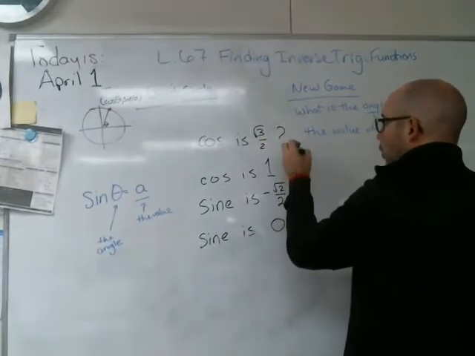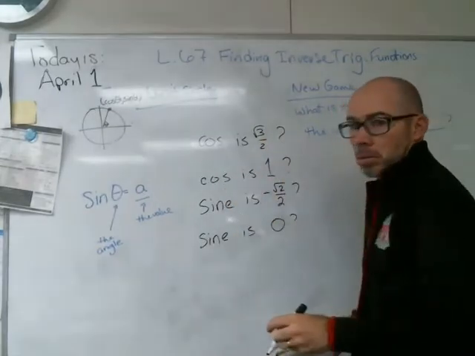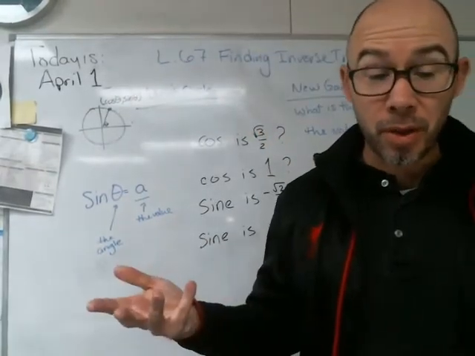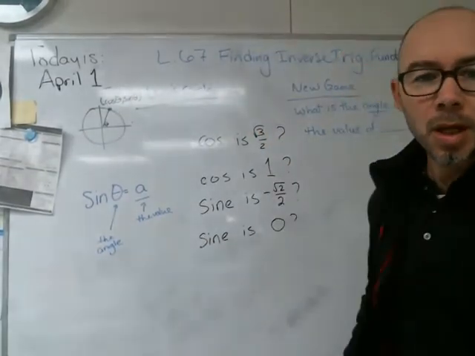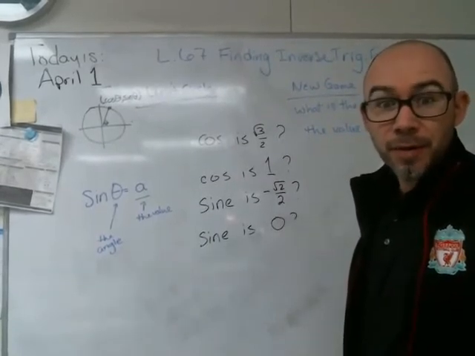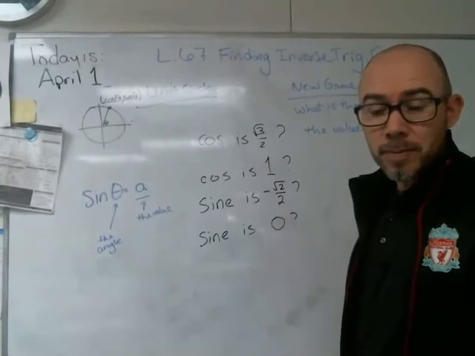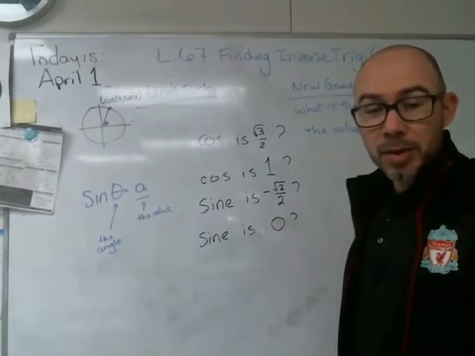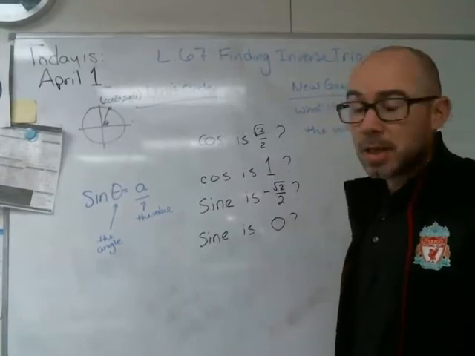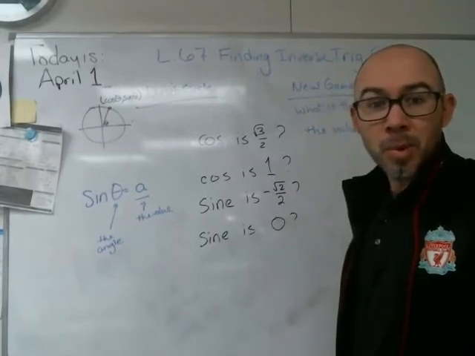So again, what am I looking for? I'm looking for an angle, and you can give this in degrees or radians or both. You might want to write those down and hit pause, and then see if you can find them on the unit circle. Just to tell you right now, for some of these there's more than one answer.